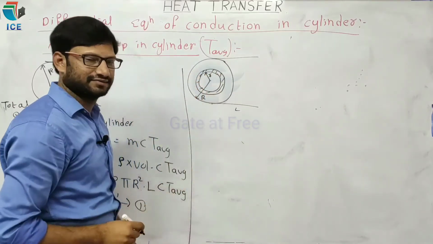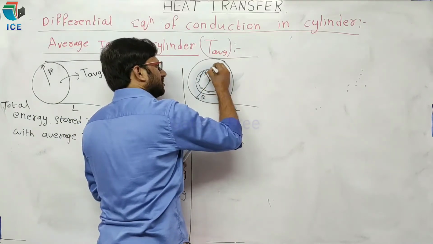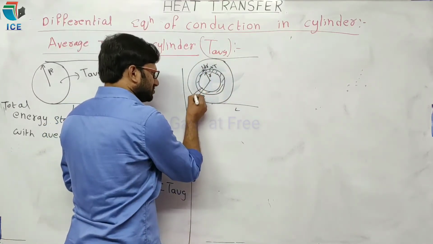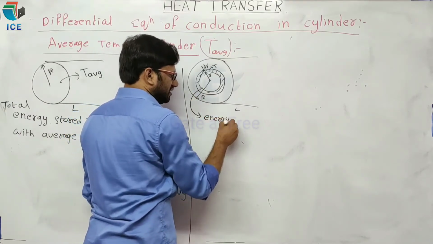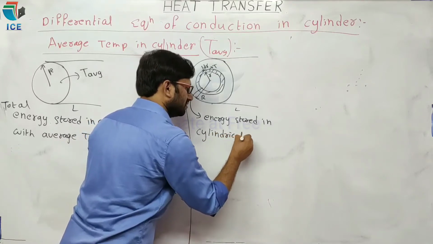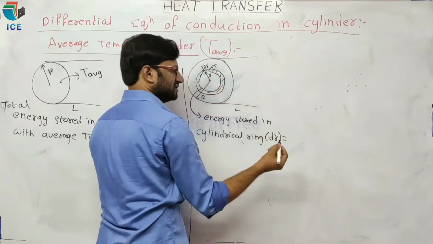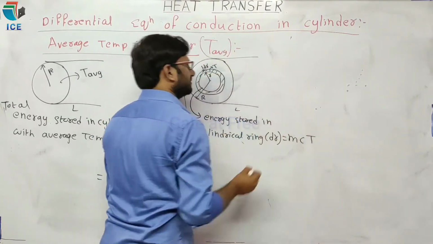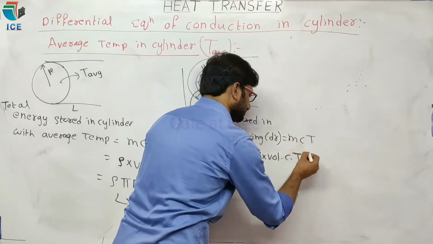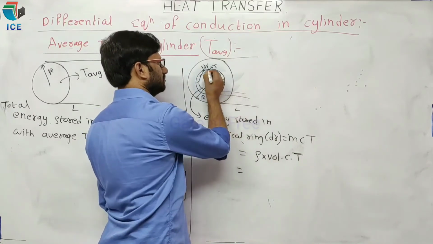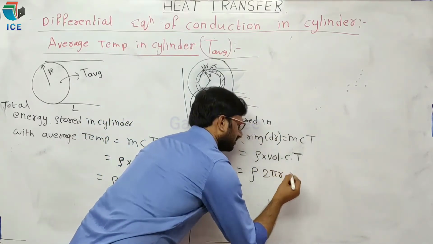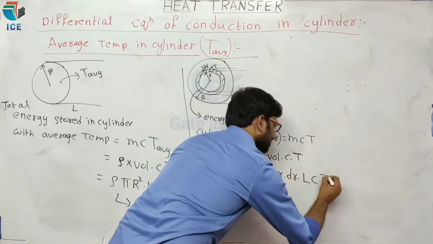This is the total radius, capital R. Take the temperature in the small thickness cylindrical ring dr as T. Now the energy stored in the small cylindrical ring of thickness dr is the same formula, m c T. Here temperature is T. Mass is density into volume, specific heat and temperature T. What is the volume of this ring? 2 pi r into thickness dr into total length, specific heat and temperature.